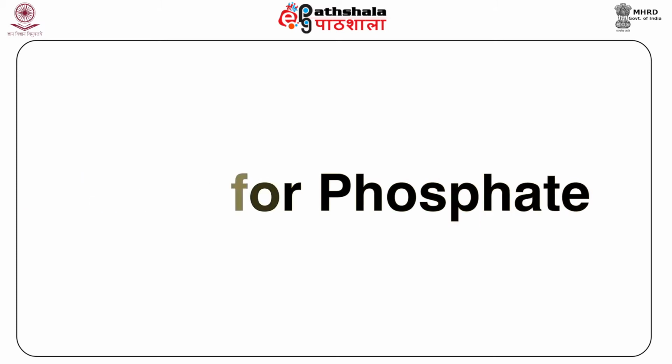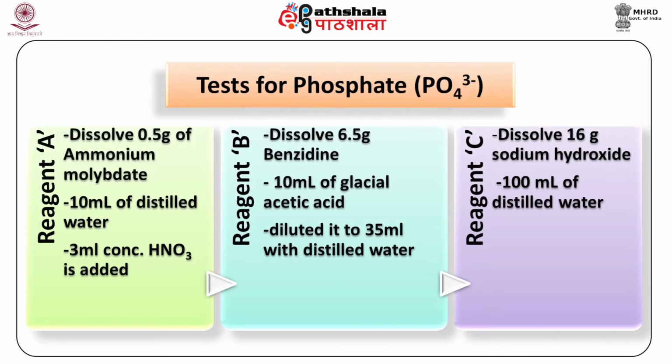Test for phosphate. Reagent A: it is prepared by dissolving 0.5 grams of ammonium molybdate in 10 milliliters of distilled water, and then 3 milliliters of concentrated nitric acid is added to it.